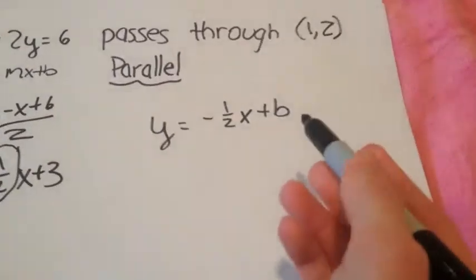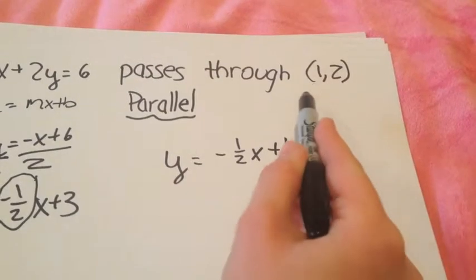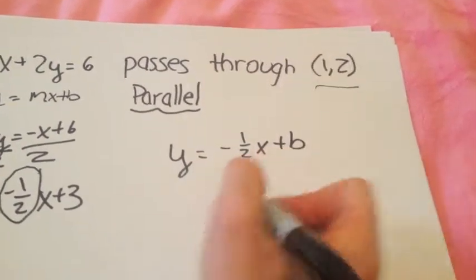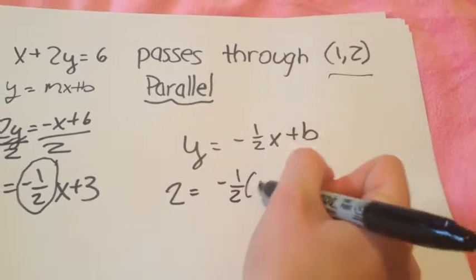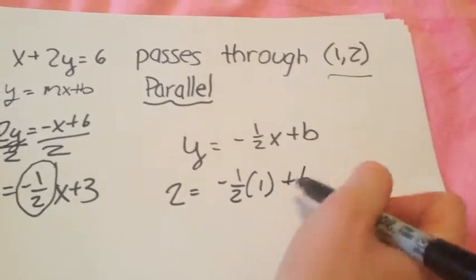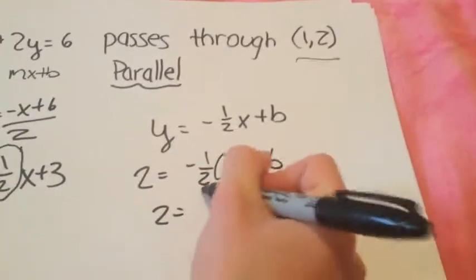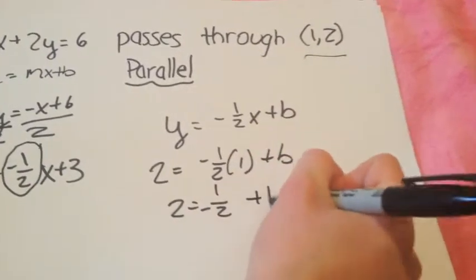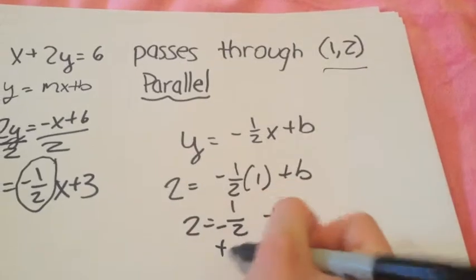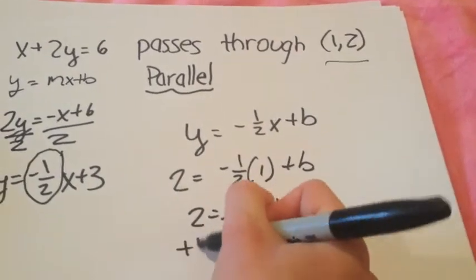Now we need to find our b. And we know that it contains this point. So we are going to plug this in. 2 equals negative 1/2 times 1 plus b. 2 equals negative 1/2 plus b. Now you're going to add 1/2 to both sides.